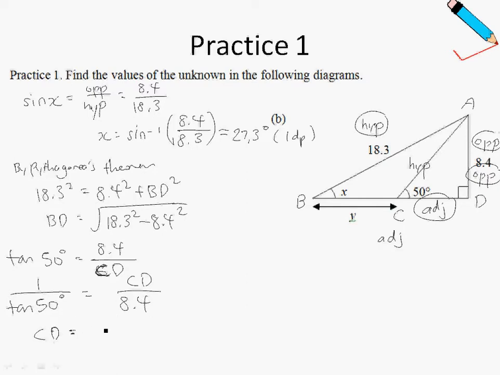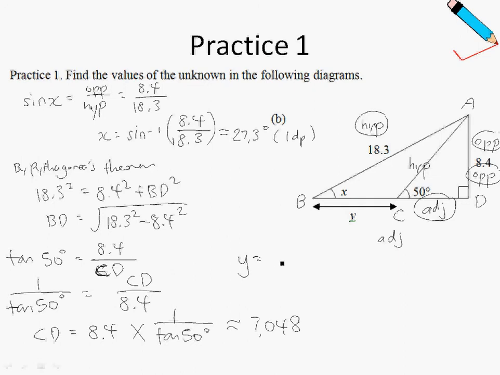So CD is equal to 8.4 multiplied by 1 over tangent 50 degrees. Pressing this in my calculator, I'll just get 7.048. Notice that I round off to a few more significant figures because I am still not done with the final answer.